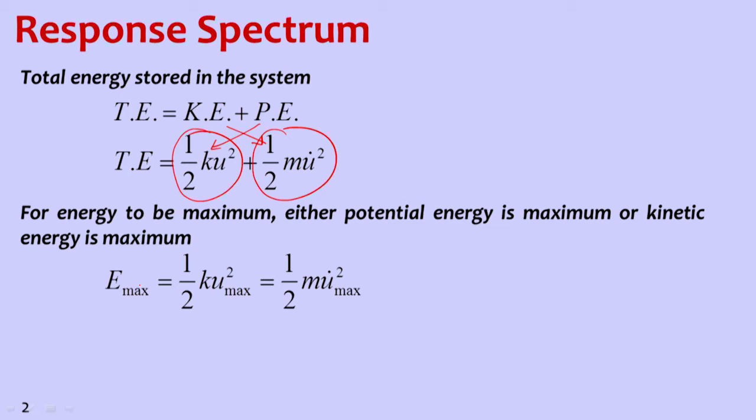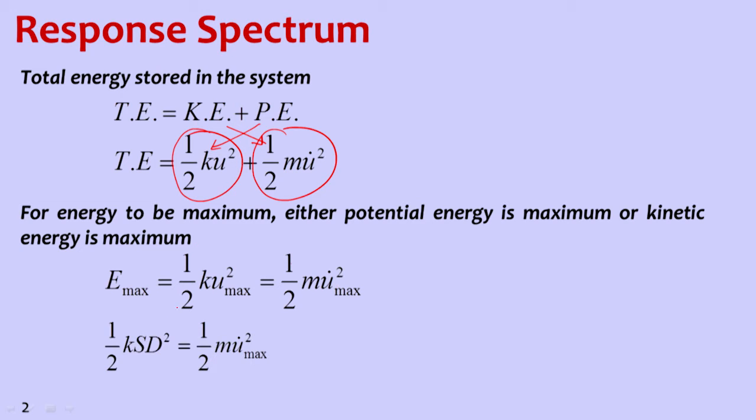So E max, that is maximum energy, is equal to half k u max square or half m u dot max square. So that means if kinetic energy is maximum, potential energy is 0, and if potential energy is maximum, kinetic energy is minimum. So maximum kinetic energy is equal to maximum potential energy.